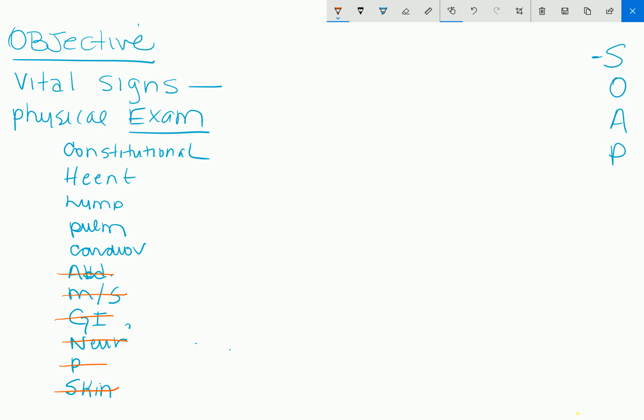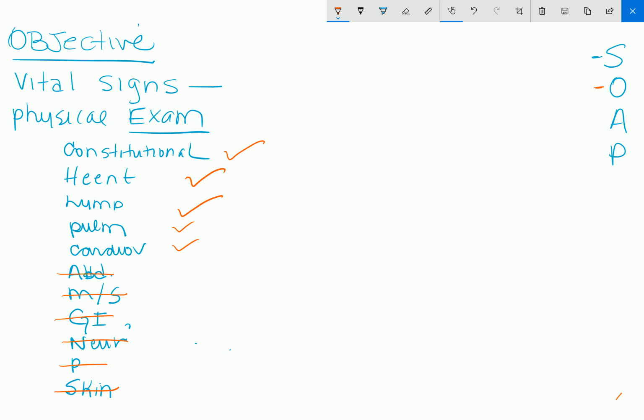We're going to do the constitutional, head, face, eyes, ears, nose, and throat, lymphatic system, and I always check lungs and heart on every patient, regardless of what they're there for. It's just part of my examination. But these are the components that we're going to document on. And that is the O.